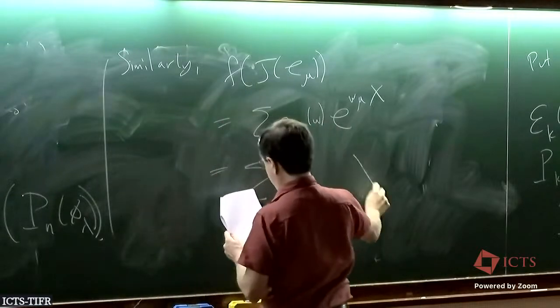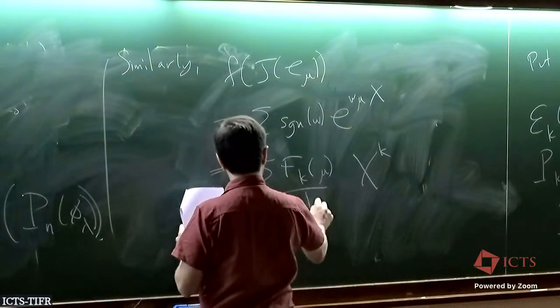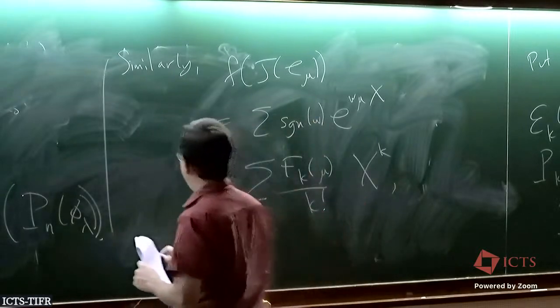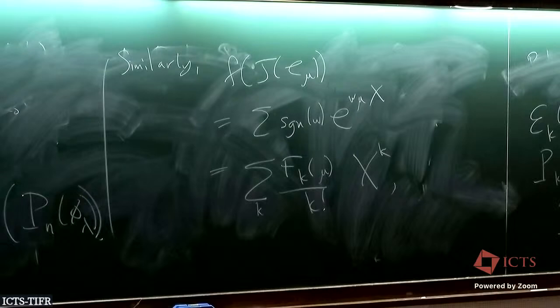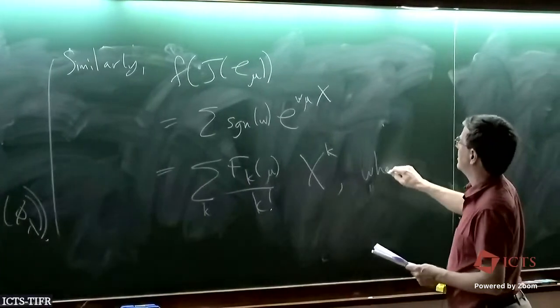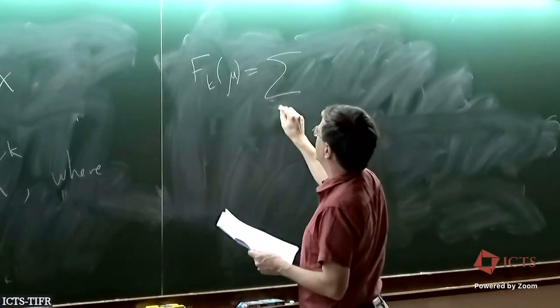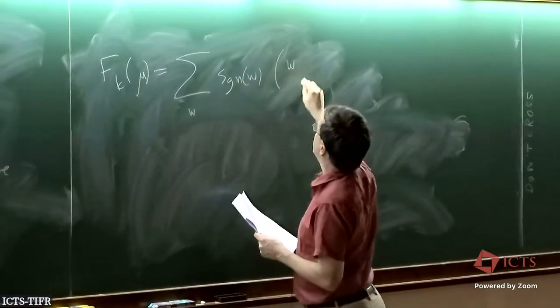This is a generating function for something else, which I'll call F_k of mu, where F_k of mu is a sum over w in the Weyl group, sign of w, (w mu) to the k.